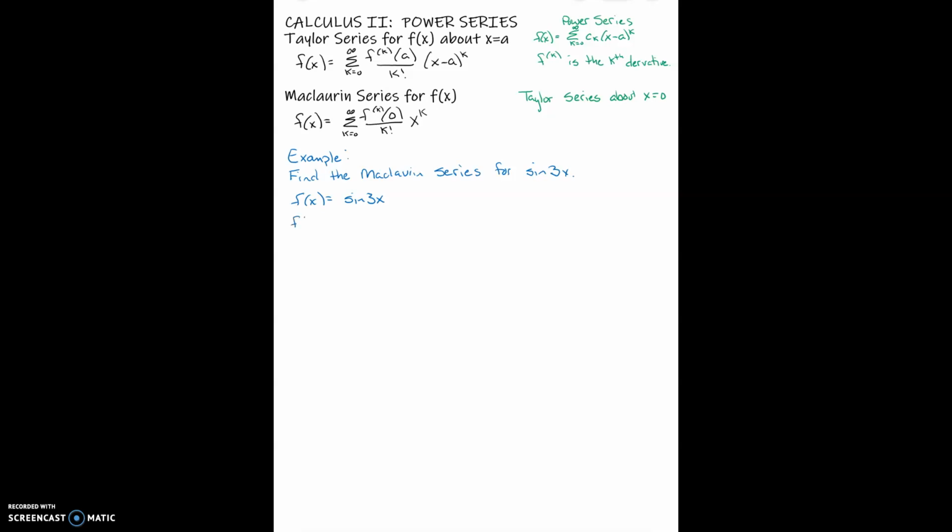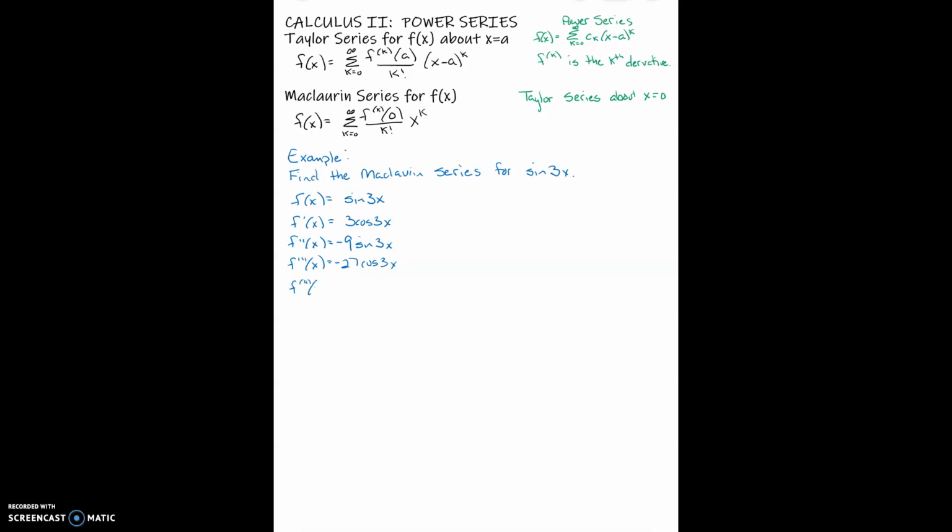So, the first derivative of sine of 3x is 3 cosine 3x. Yes, we're using the chain rule there. The second derivative is negative 9 sine 3x. The third derivative, we get negative 27 cosine 3x.